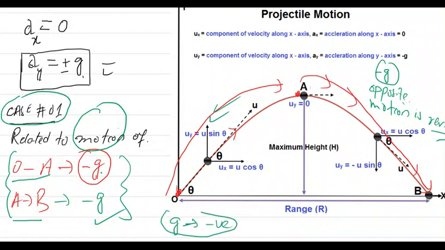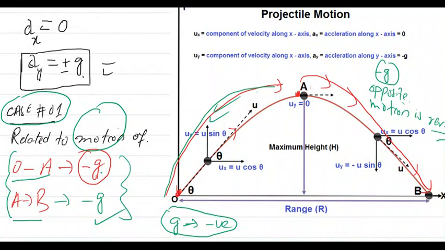I'm going to repeat it, because when I go to the second case maybe you will be confused. So please fix it in your mind that in case 1, where we just see the motion, when the object is moving in the upward direction from O to A, its motion is against the force of gravity.